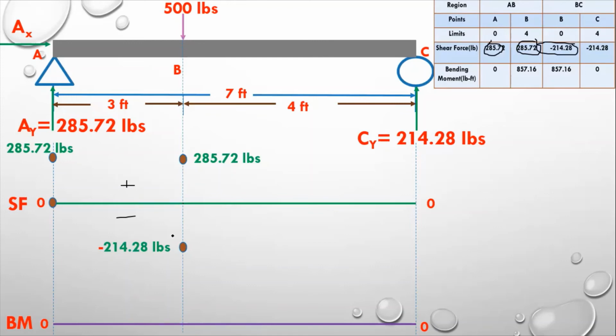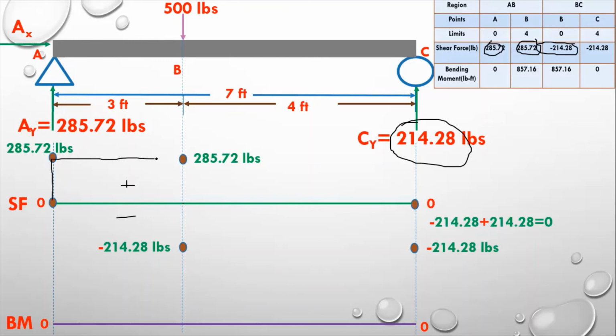It will be parallel to B, it will come here. So you can see here minus 214.28, and then minus 214.28 plus this value 214.28. So the answer will be equal to 0. Then we will take the point here at 0. Now we are going to draw the lines from here.